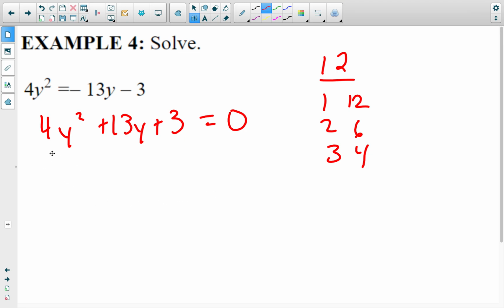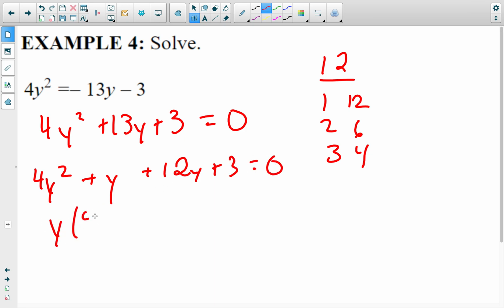And then I'll do this expanded version. 4y squared. We want this 12 and 1 situation: plus y plus 12y plus 3 equals 0. If you don't remember how to do this, then you've got to go back and review factoring.